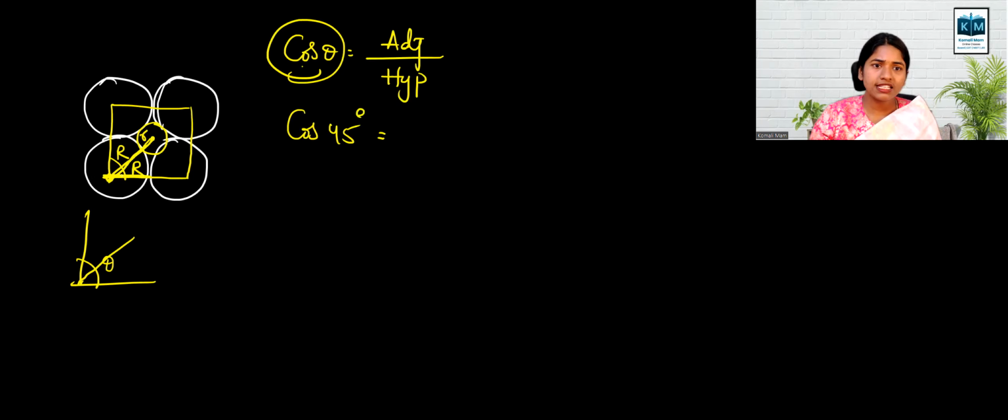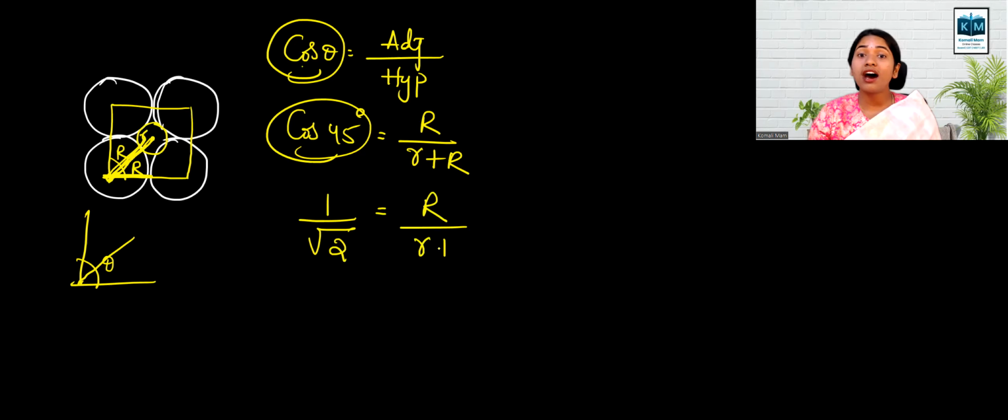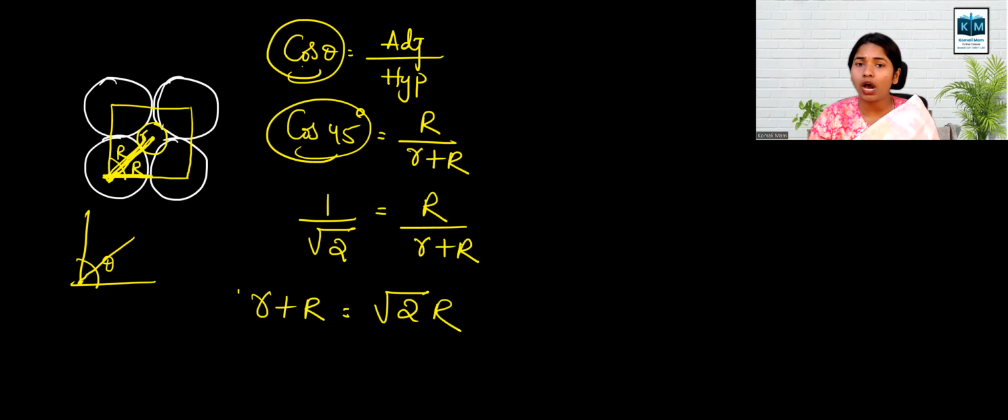Adjacent means this capital R, divided by hypotenuse, which is small r plus capital R. Cos 45 degree value is 1 by root 2, which is equal to R by small r plus capital R. Now just do the cross multiplication. If you do cross multiplication, r plus R is equal to root 2 R.